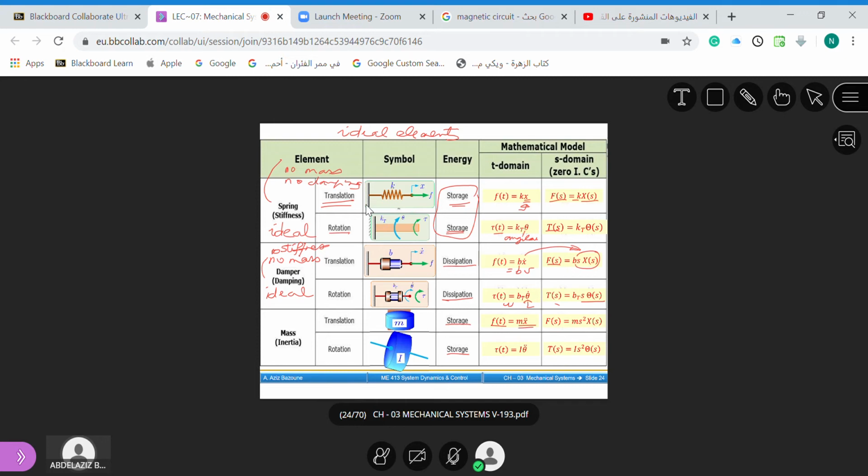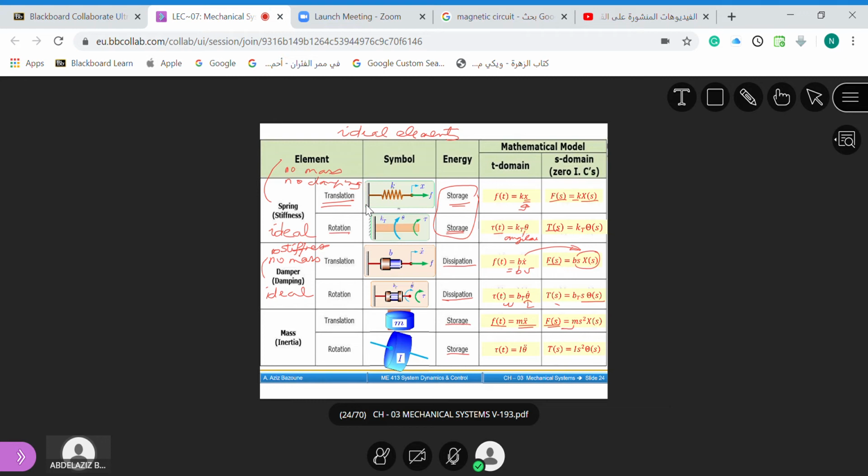When we take the Laplace transform of both sides, provided we have zero initial conditions, m is constant so it stays as is, and the differentiation of x double dot will be simply s squared X(s). Similarly, for rotation, tau will be I theta double dot, and T(s) will be I s squared theta(s). This is a brief summary of what we have seen last time.